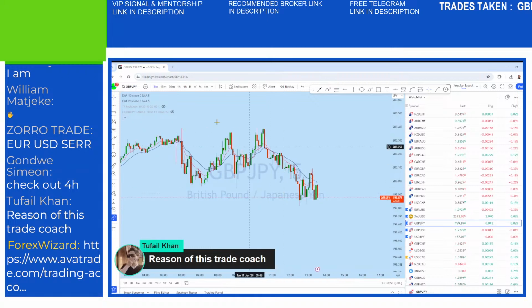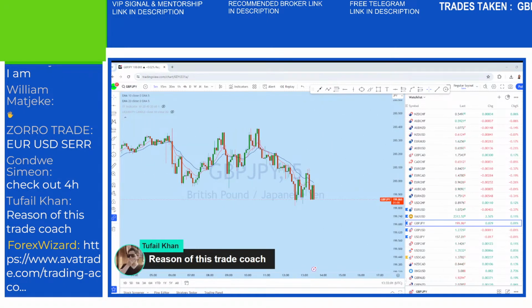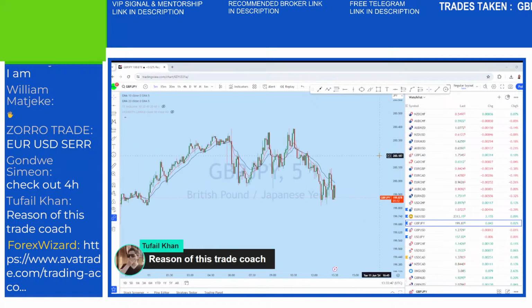Quite impressive price action on GBP JPY. Pretty impressive price action on GJ.